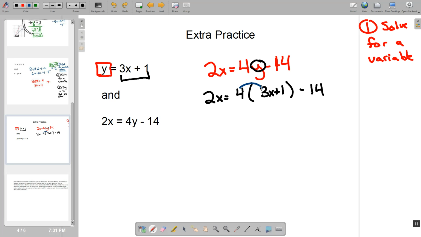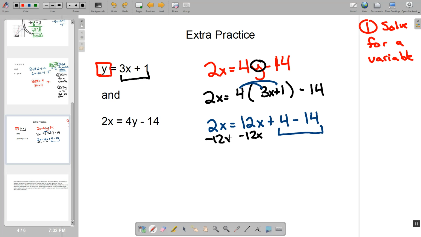So I do the distributive property here. So I get 2x equals 12x plus 4 minus 14, which is totally fine. We combine these two things to get negative 10, and we subtract 12x from both sides. I'm just going to try to do both those steps at once.